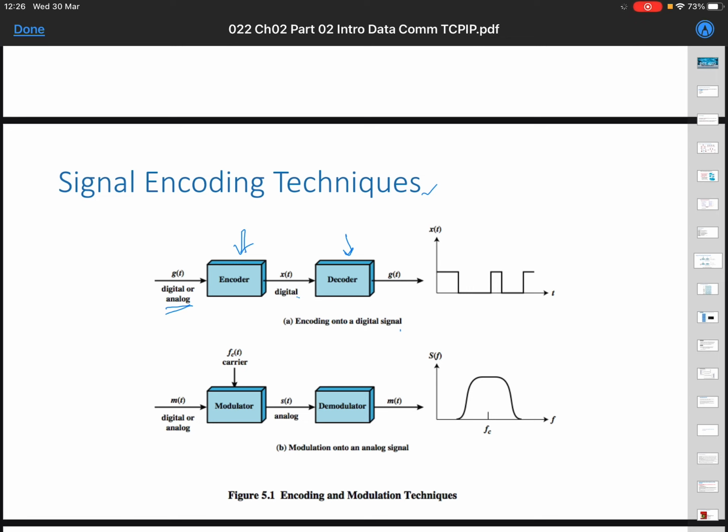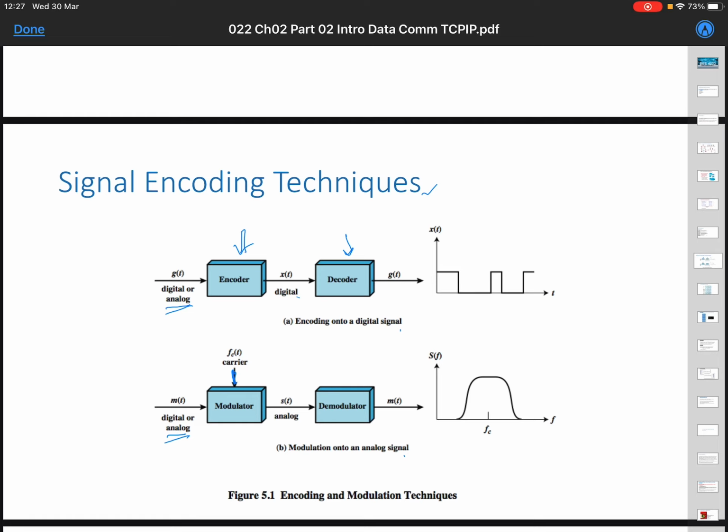Next is modulation onto an analog signal. So you have a signal here, the analog signal, and the carrier signal. The analog signal and the carrier signal combine in the modulator and become the modulated signal.